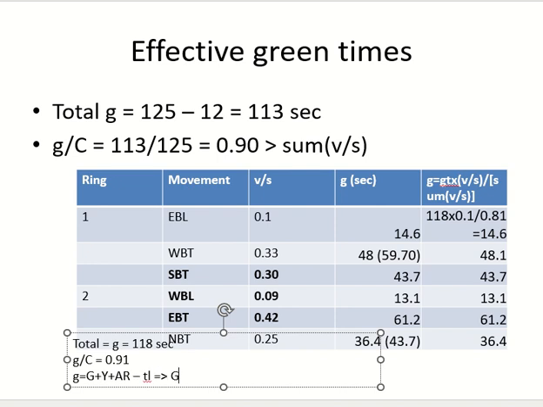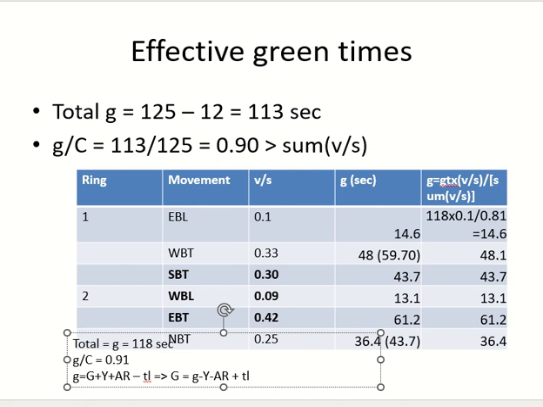Capital G equals small g minus yellow minus all red plus lost. So you take these final values, subtract yellow or red and add 4 seconds of lost time.